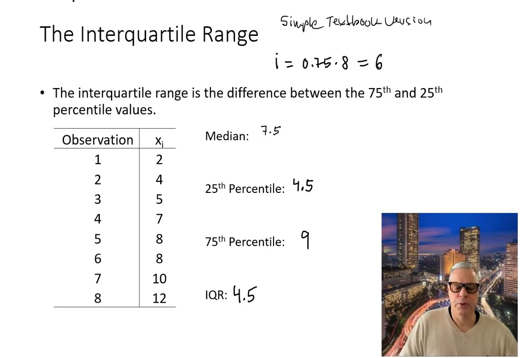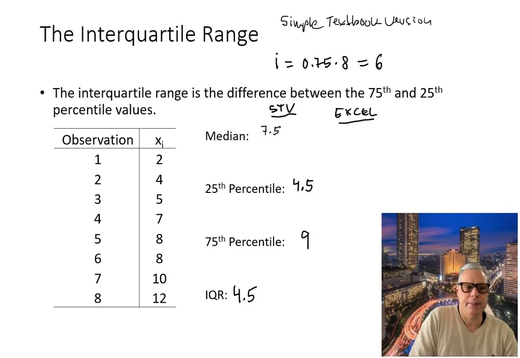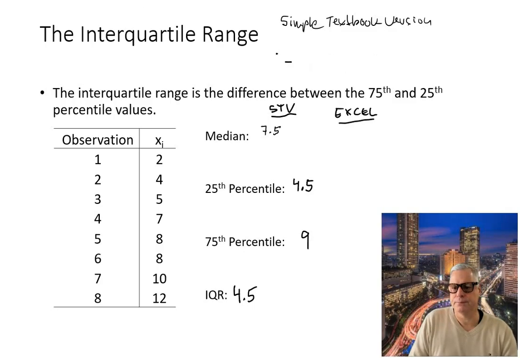Okay, so let's do the same thing again. I just call that simple textbook version, STV, and I just feel like maybe it makes sense to introduce the Excel version too. So in Excel, what would be the median, if you remember? So now we use the Excel formula.